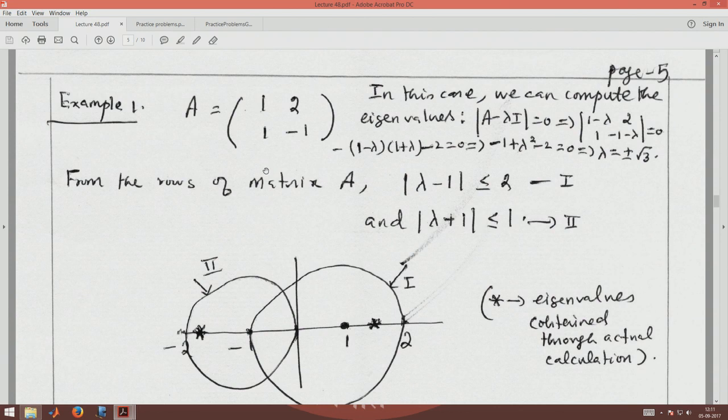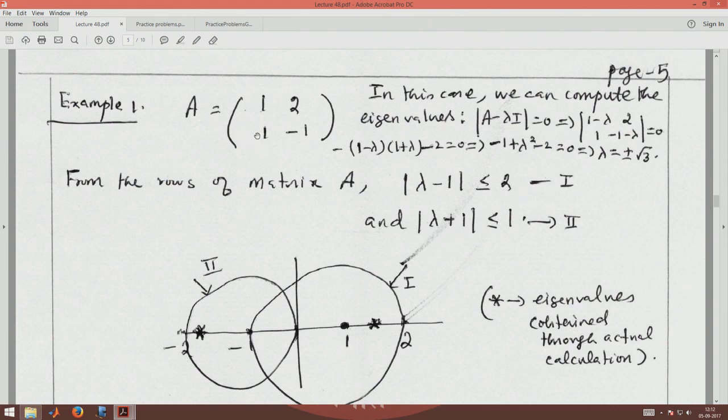From the rows of matrix A, I consider the first row, this is A11, and Gershgorin's theorem tells us that modulus of lambda minus A11, which is 1, is less than or equal to the sum of the absolute values of the other entries in that row. Here we have only one element, which is 2. So, the first result tells us that absolute value of lambda minus 1 is less than or equal to 2. This gives us one circle.